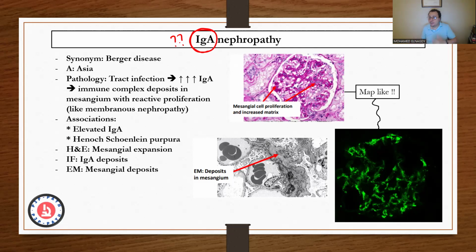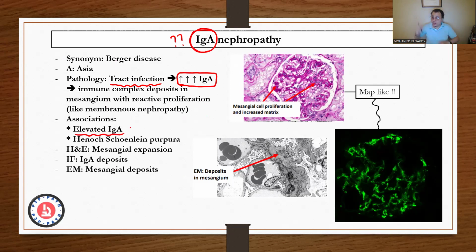So what happens in IgA nephropathy? A patient gets a tract infection, GI tract infection, respiratory tract infection, whatsoever. And the problem is his immune system overproduces IgA to the point that it floods the circulation.